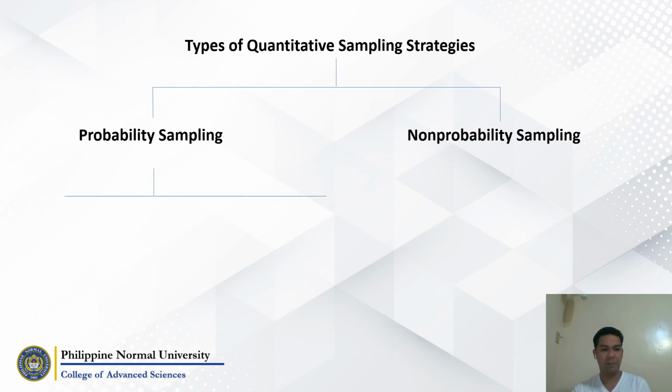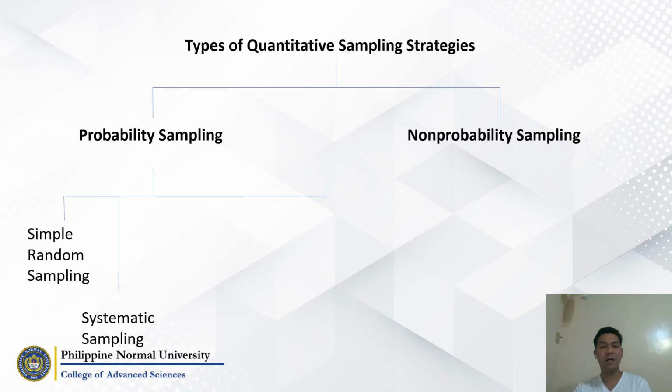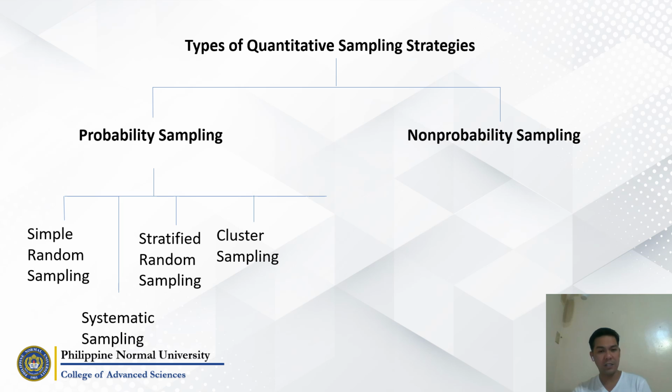For probability sampling, we can have simple random sampling, systematic sampling, stratified random sampling, cluster sampling, or multi-stage sampling. Again, this depends on the kind of respondents that you are looking for and at the same time, the availability or the abundance of the sampling that you can reach.